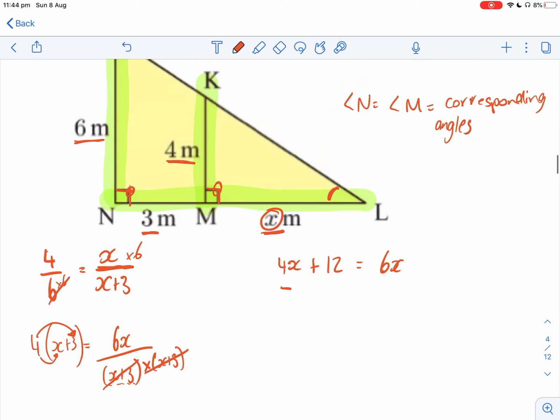Then I'm going to take 4x here and take 4x here. So 12 equals 2x, and then divided by 2, divided by 2, x is equal to 6. So that is how you do a question on similar triangles.